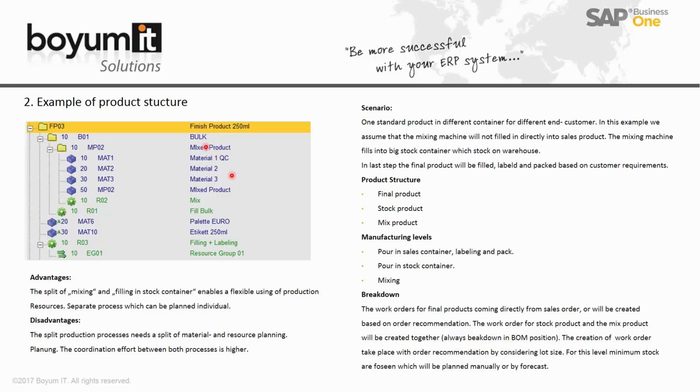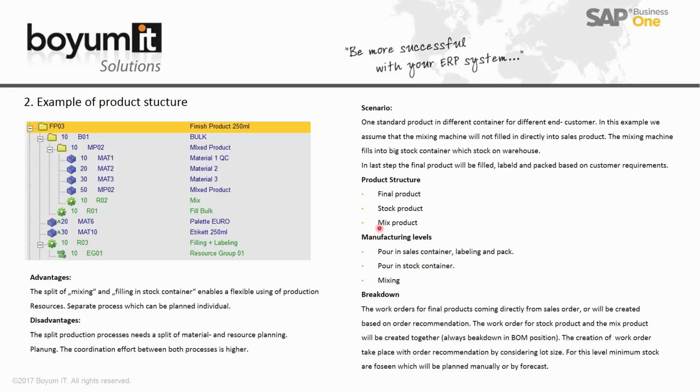That means the mixed product is normally a stock related item, but with the option in your bill of material list, always break down, the system will always create the mixed product together with your bulk product. So as soon as you create your bulk, the system will automatically also create the mixed product in the same work order.